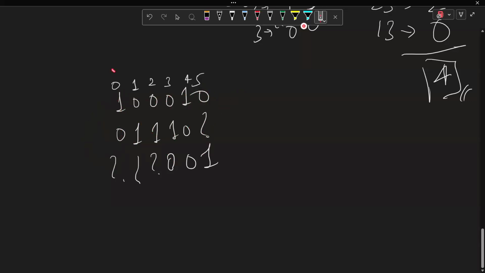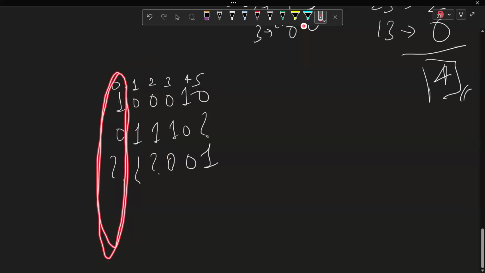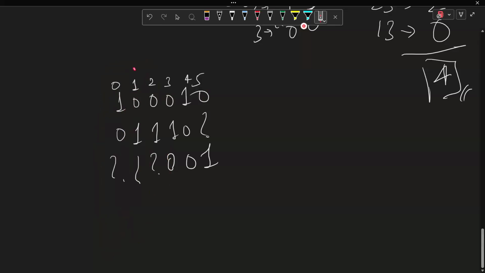If you just look at the 0th index for all the strings, you can see that every index is independent of each other. Like if there is a 1 here and a 0 here, do these two depend on each other? For my final answer, I would compute in this first row how many pairs are different, in this second row how many pairs are different, in this third row how many pairs are different.